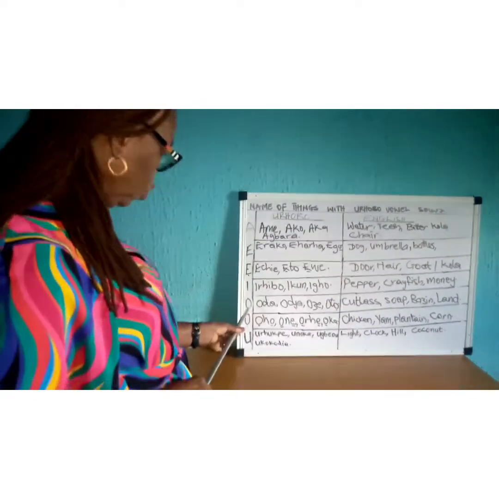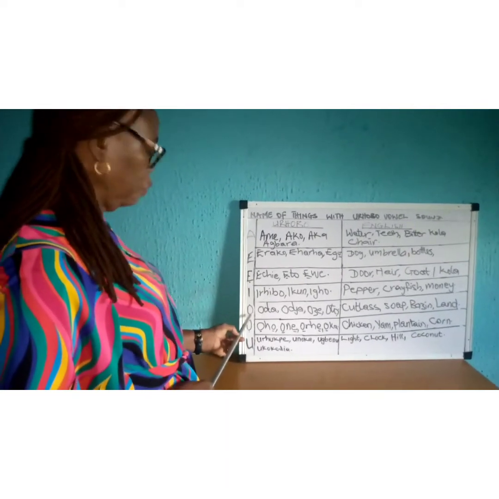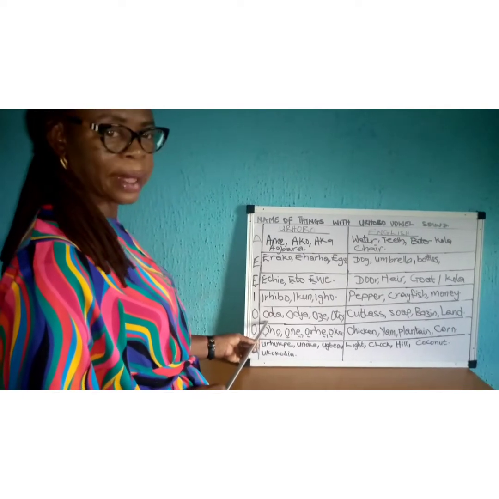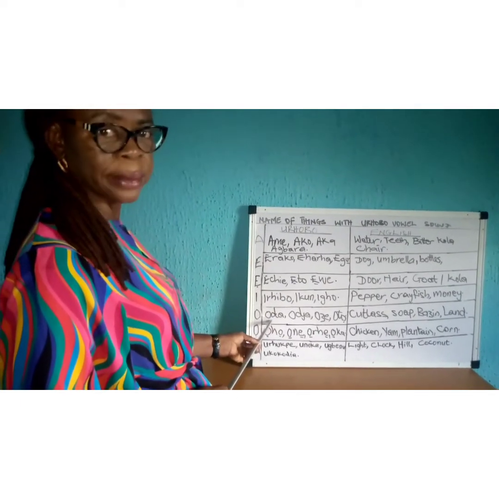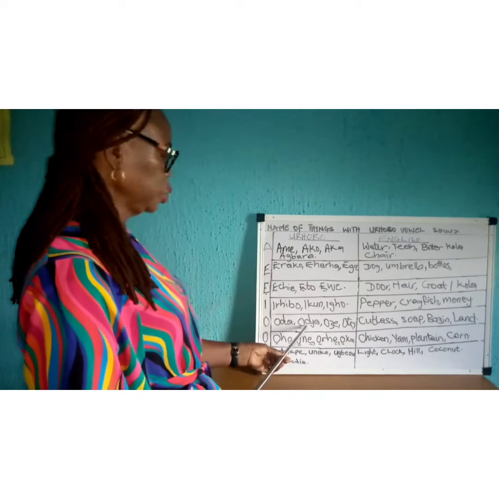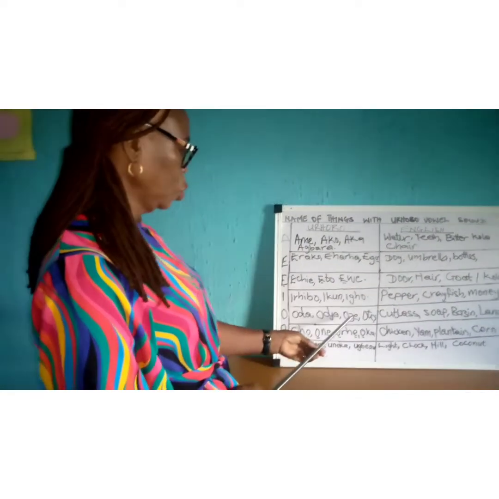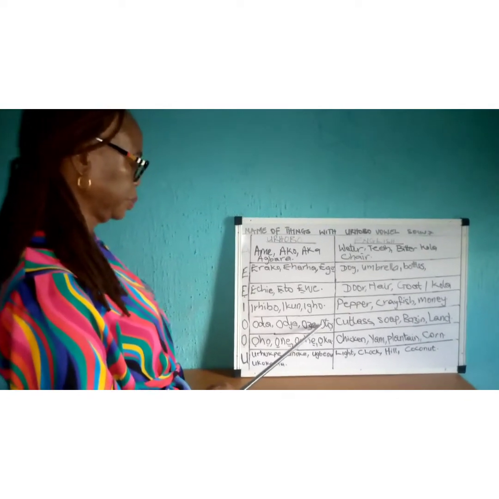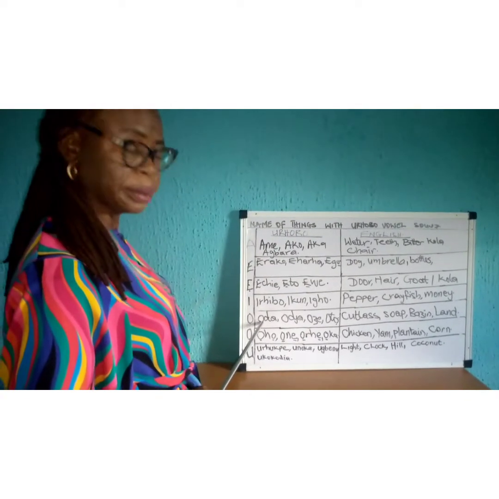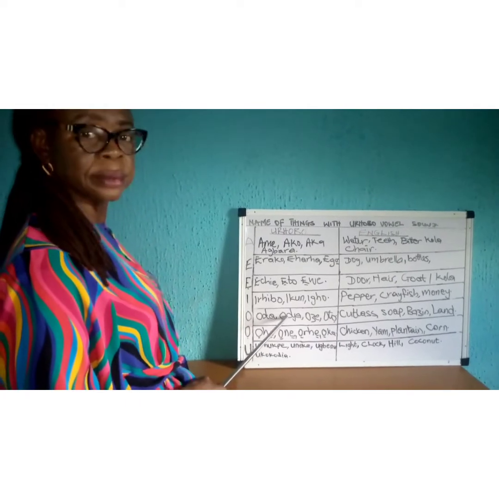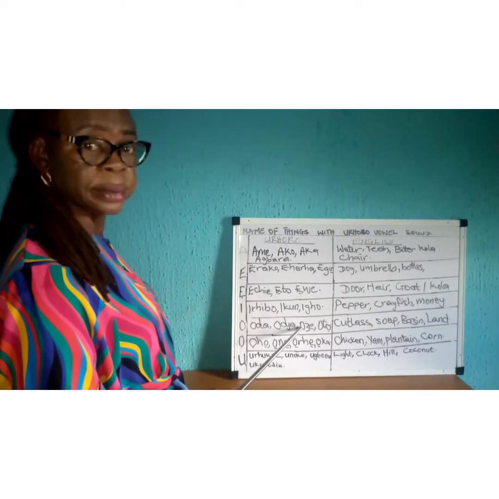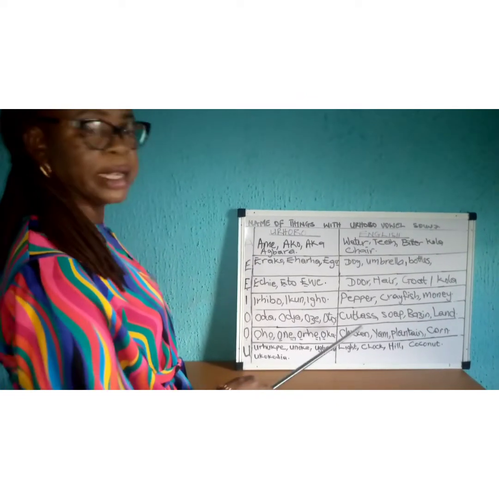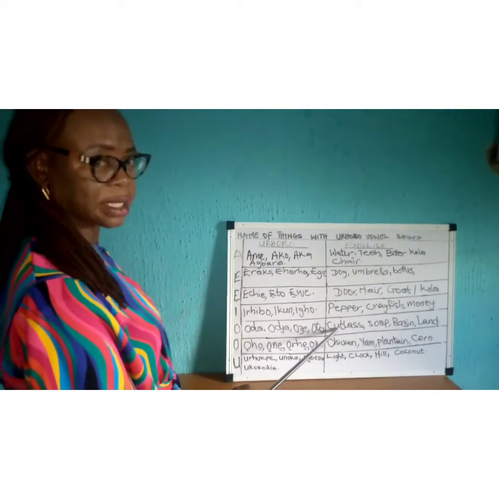We are going to vowel O. Vowel O, we have example of oda, oja, oze, oto. Oda in English is cutlass.